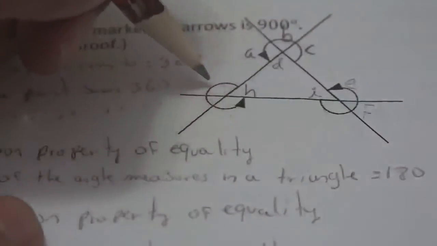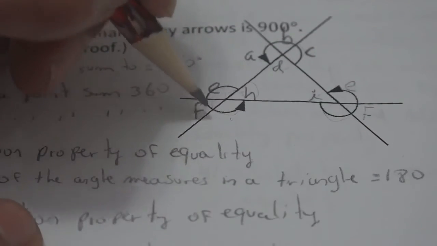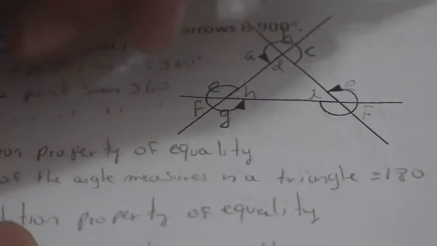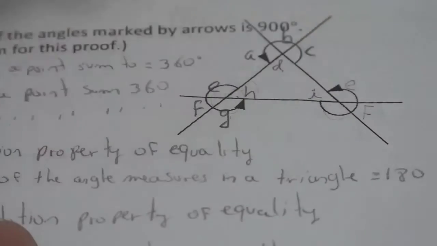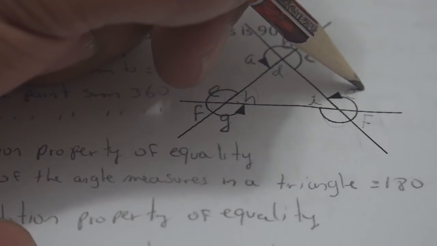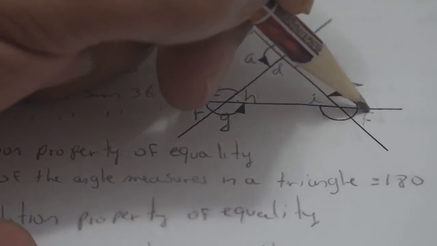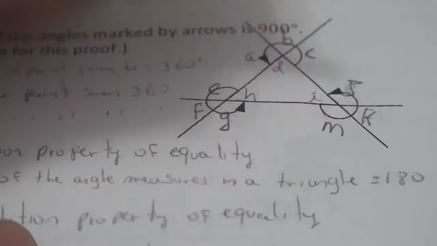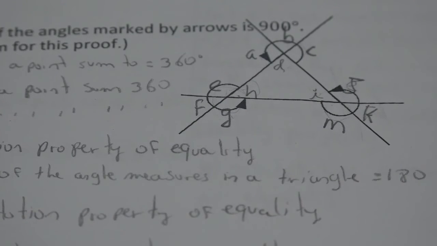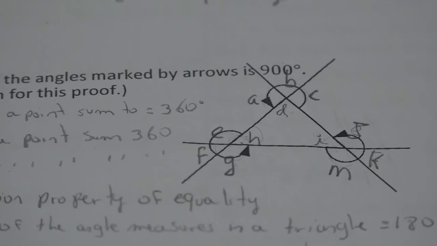I'm going to label this E, F, G, and then this H. And now I'm going to label this I, J, K, and M. I don't want to use L, okay? So now that we labeled it, there is no faulty logic in labeling this. It's just for reference.